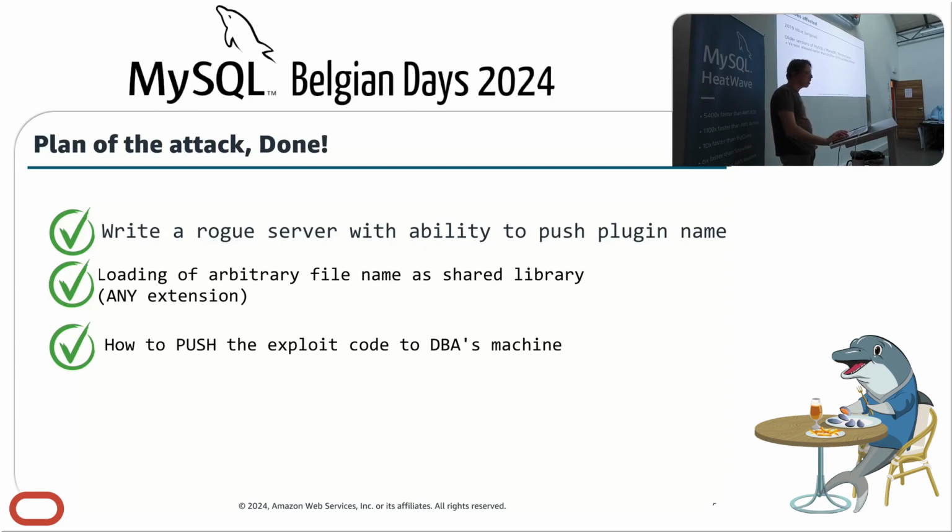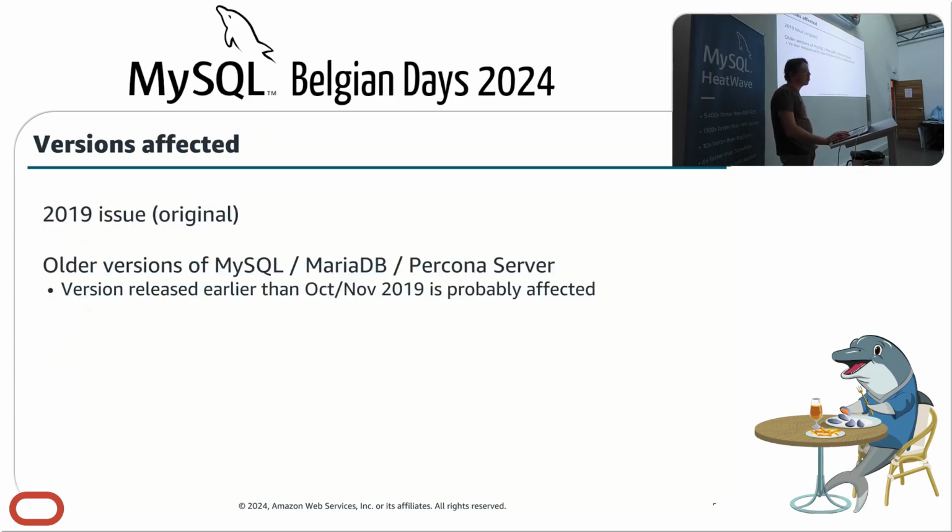So, quick recap. Versions affected. 2019 issue: probably all the versions of MySQL, MariaDB, Percona Server before that date, before that 2019 fix, are affected. Again, not the server specifically, the client utilities. Applications too, right? If the application is built on top of ODBC or the MySQL C library, they're also affected.